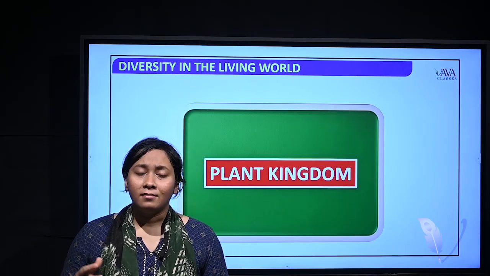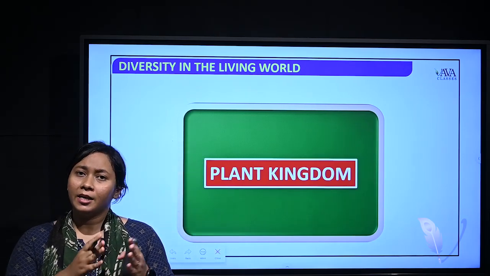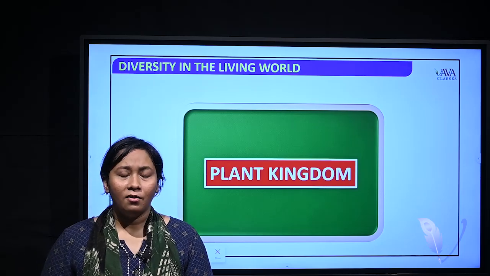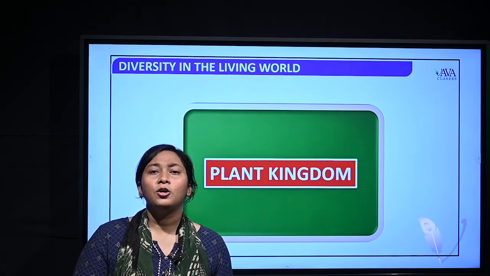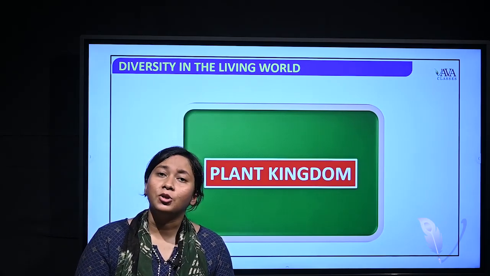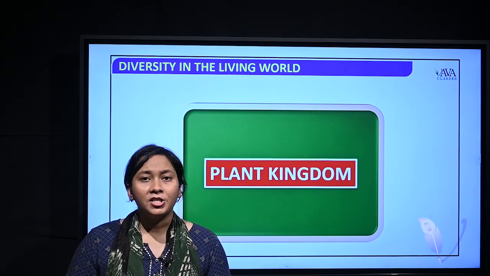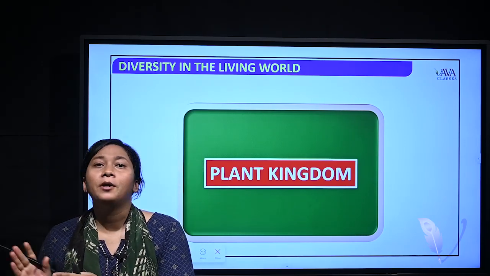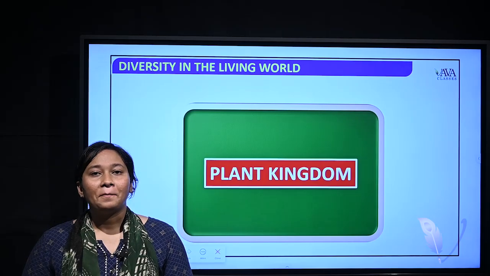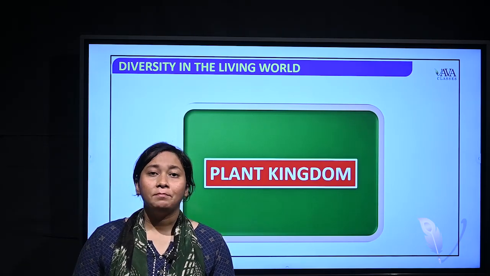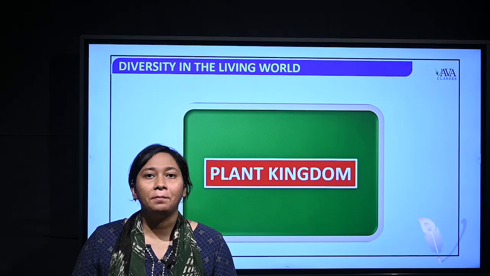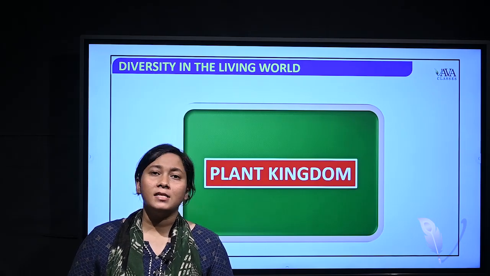And we also studied Kingdom Plantae and Kingdom Animalia. Fungi is not included in Kingdom Plantae because they do not have chloroplast. Fungi is not included in Kingdom Animalia because they lack mobility, and feature-wise they are also different.